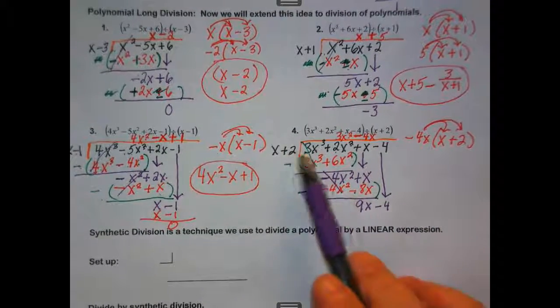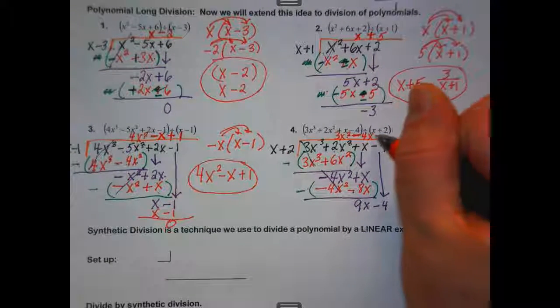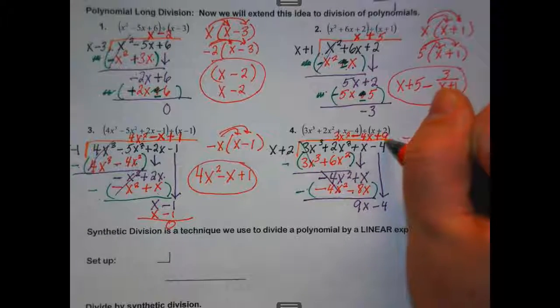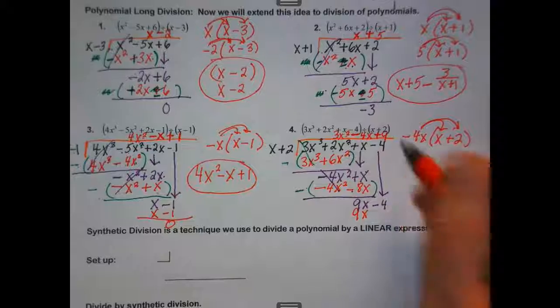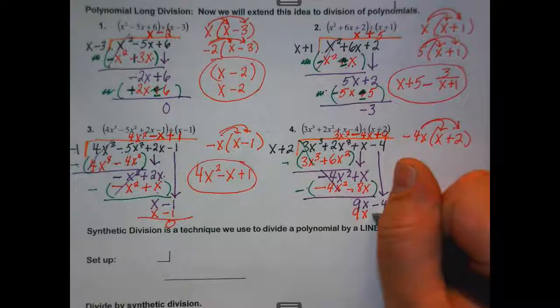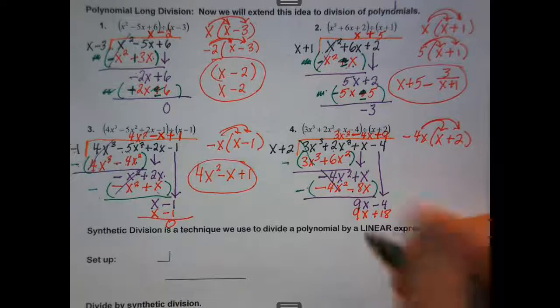How do I make that x to a positive 9x? Times by positive 9. 9 times x is 9x. 9 times 2 is 18. What remainder am I going to end up here with?